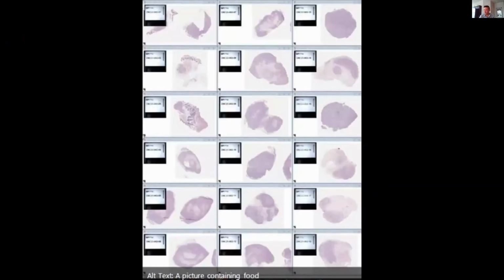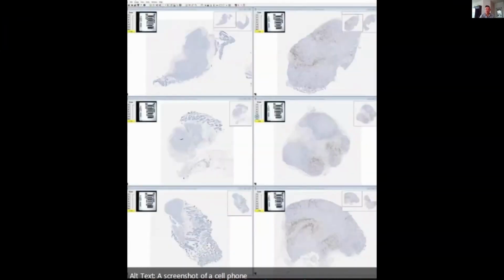This is a picture containing food. And this is a screenshot of a cell phone. So suffice it to say, I don't think we'll be surrendering our jobs over to Microsoft PowerPoint and its image generation skills just yet, at least this year, maybe next. A couple of years down the line. If it starts recognizing tissue, I would be very impressed. If it could say, oh, this is normal colon or something, that would be pretty remarkable.